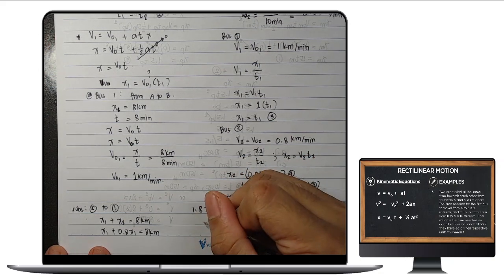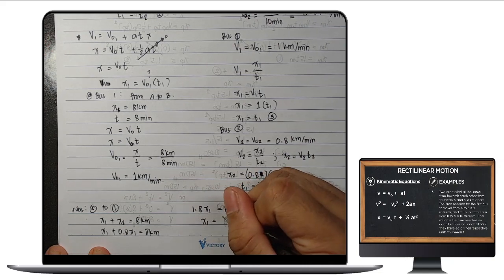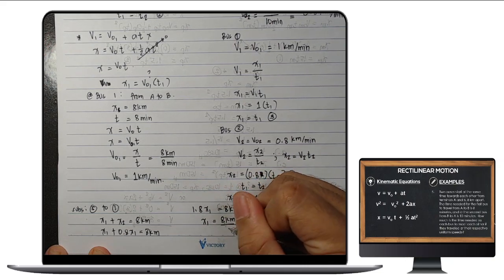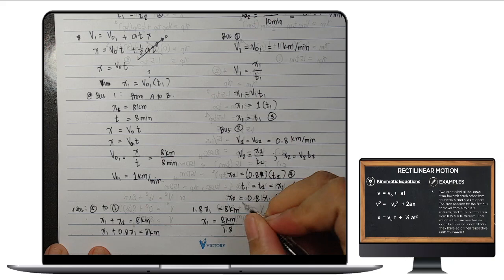So from here, we can solve for x sub 1. That is 8 kilometers divided by 1.8.